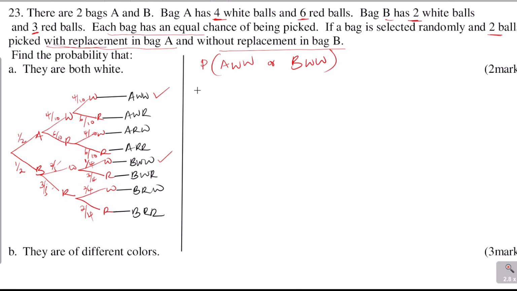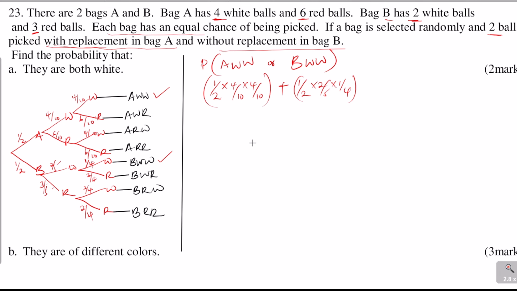You can follow that branch. From A, we have a half, and then white, white, 4 over 10 times 4 over 10. Or you add bag B, a half times 2/5 times a quarter.